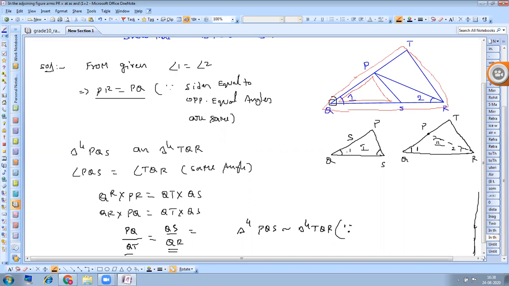This is side, this angle, again side. Most of the cases we used the angle criterion, but here we are using the SAS similarity criterion. Simple. If you're done, we'll move to the next question.